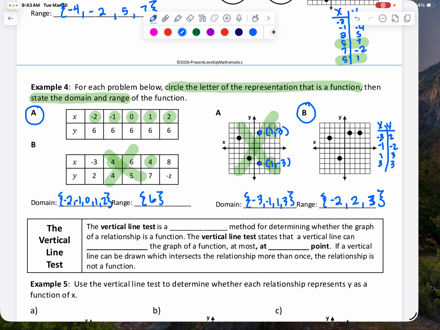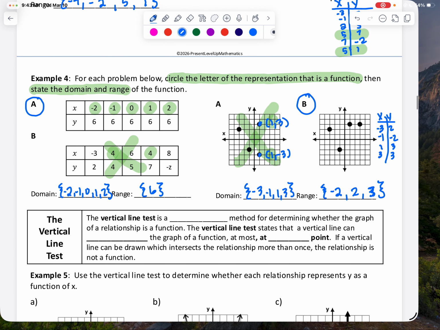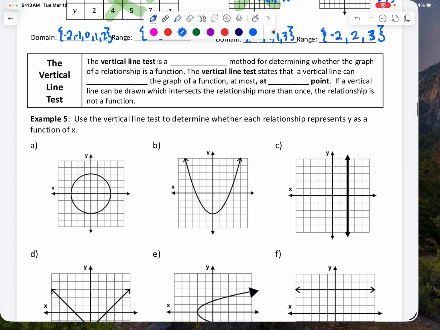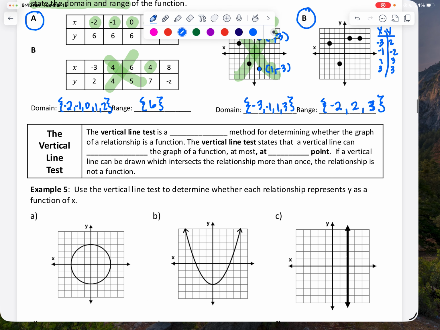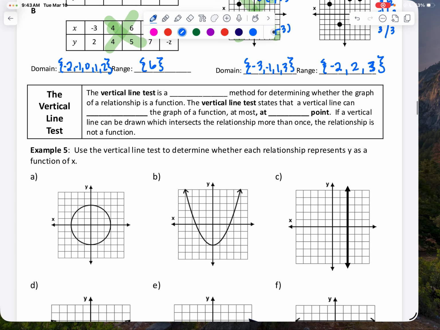Now, in our next example, we're going to learn how to tell if a relationship is a function if all you're given is the graph of that function. So you don't have a table or a mapping. In the second part, we're going to talk about something called the vertical line test. The vertical line test is a visual method for determining whether the graph of a relationship is a function.